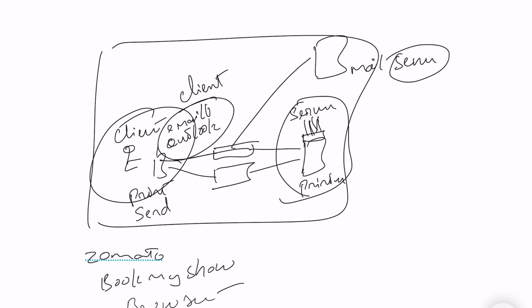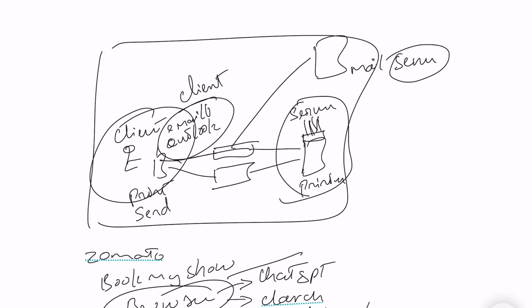In the browser, maybe you're using Chat GPT, Claude, or some Google search. In every case, your browser is acting like a client, and the responses which you are getting in this browser are actually coming from servers.